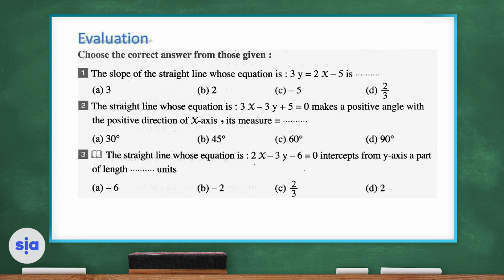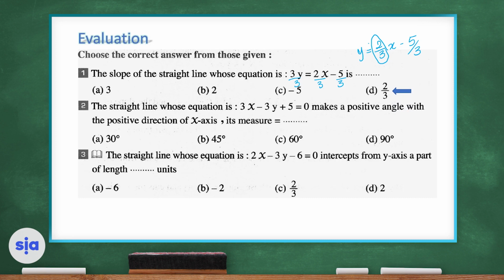Then we divide by 3 and by 3 and by 3. So y equals 2 over 3 x minus 5 over 3. So the slope is the coefficient of x in this case, which is 2 over 3. Then the right answer in question 1 is choice D.